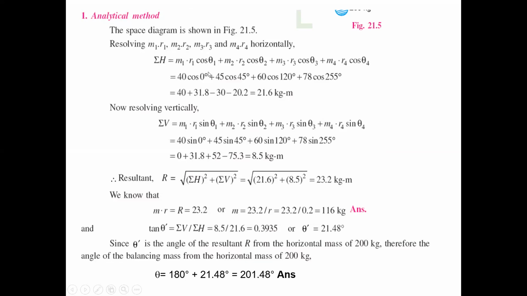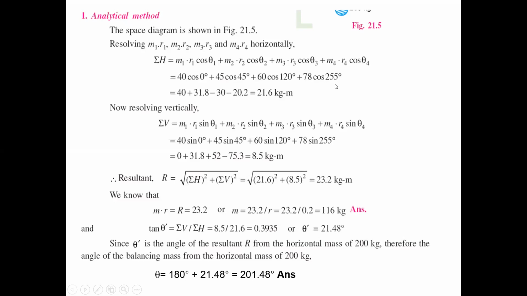In this, theta 1 is 0, theta 2 is 45, theta 3 is 120, and theta 4 is 255. All are considered with reference to m1, that's why the angles are 120 degrees and 255 degrees.